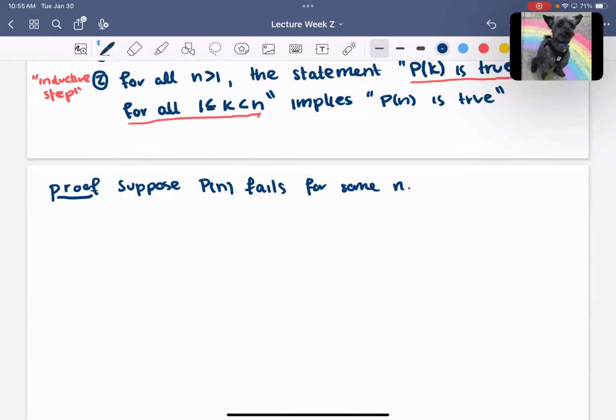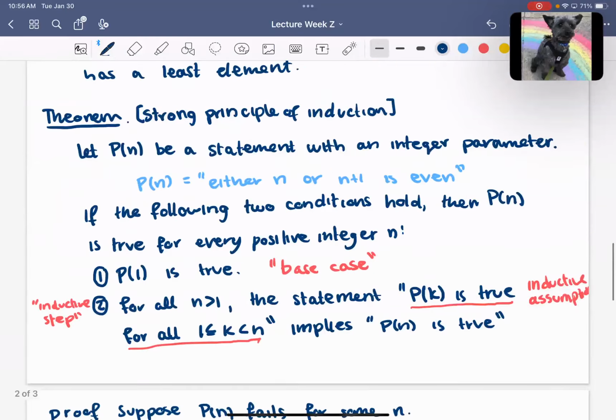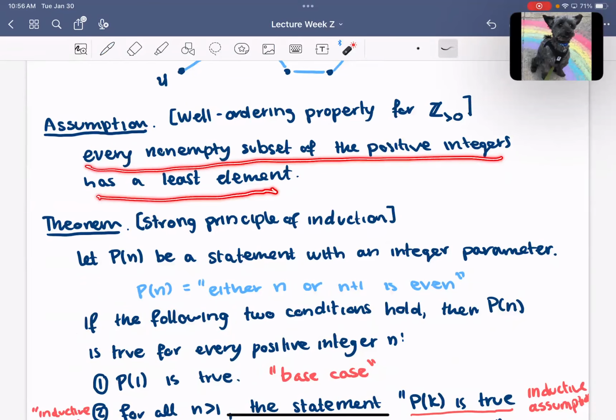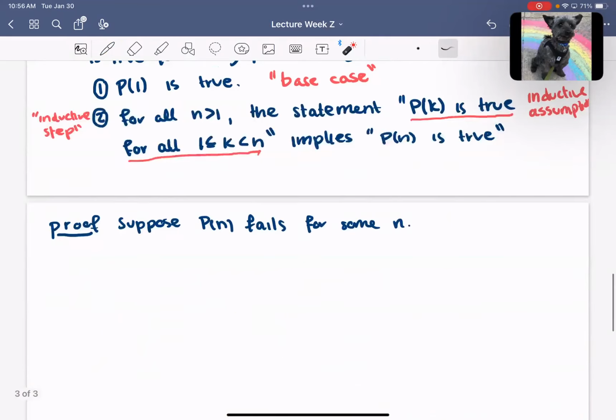Okay, so it's false somewhere along the way. Then by the well-ordering property, there is a least positive n such that P of n fails, right? Because let's consider the set of n where P of n is false. By the well-ordering principle, every non-empty subset of the positive integers has a least element. So let's consider that least element.